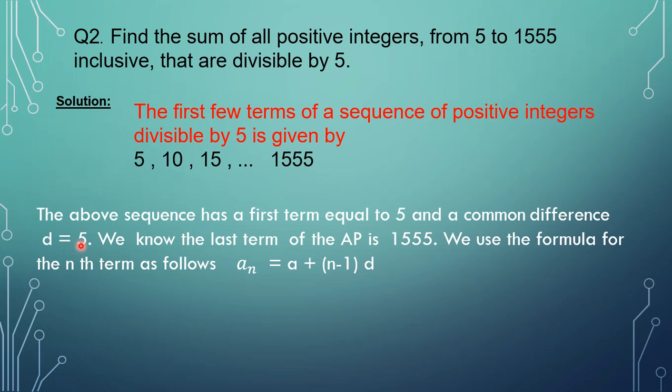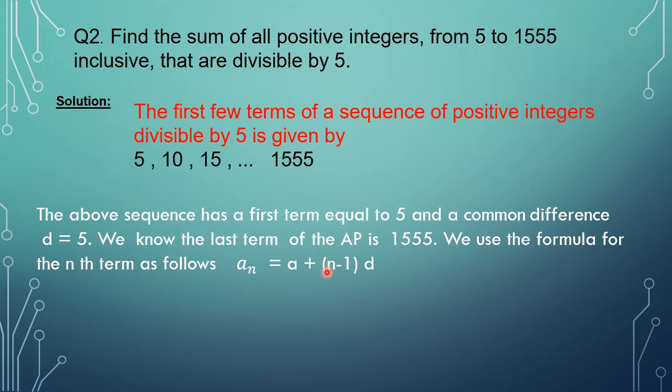So d is 5, a is 5, and the last term is 1555. So we use the nth term formula, that is an is equal to a plus n minus 1 into d. We put an is equal to 1555, a is 5, d is 5.